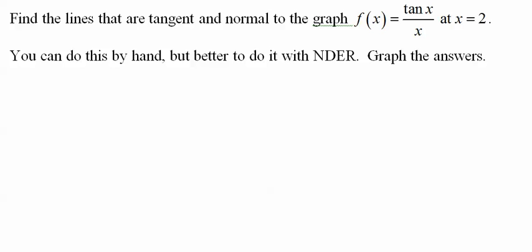Tangent x over x at 2 is fine. Great, it'll work. So nDeriv of tangent of x over x, comma x, comma 2 gives us our slope. So I'm just blasting this out now on the calculator.